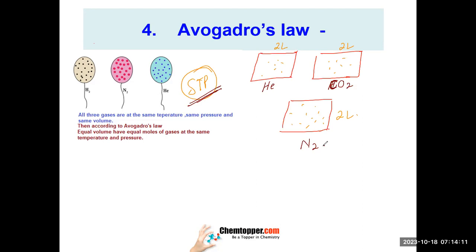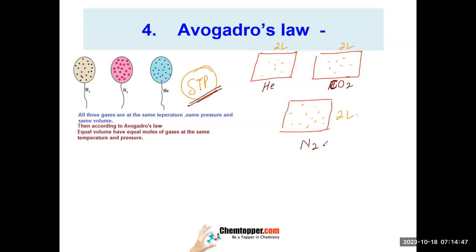Naisha, equal volumes. Okay, what about others? Ariba and Vivan. Can you explain, Vivan, why CO2? CO2 is the answer. Afan, you didn't answer. Afan, where is your answer?